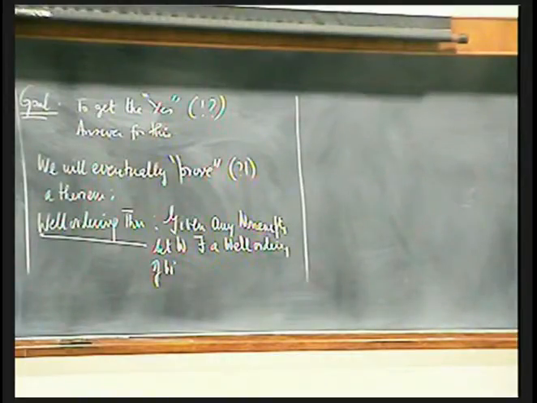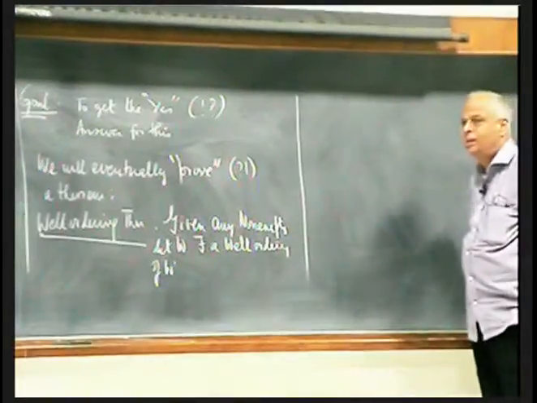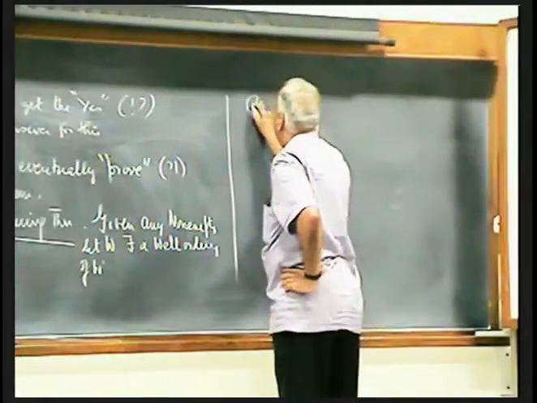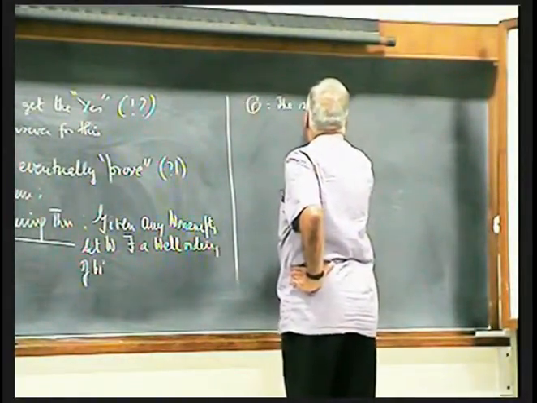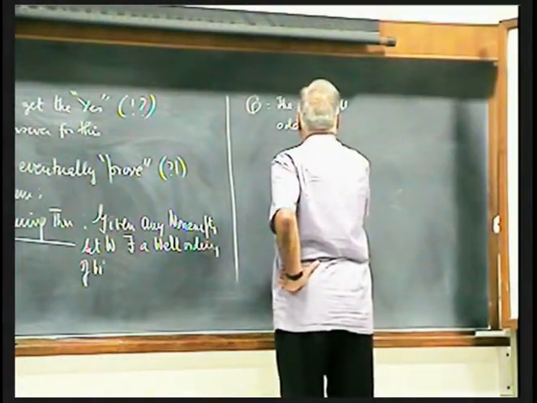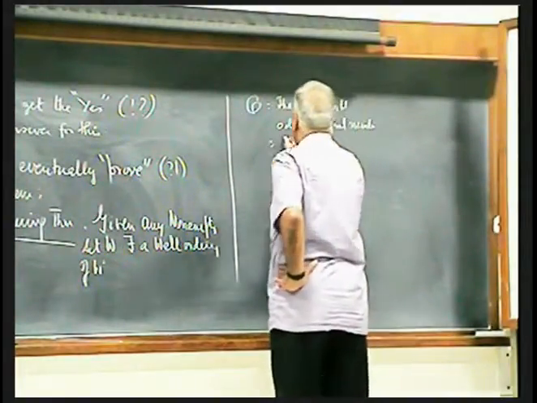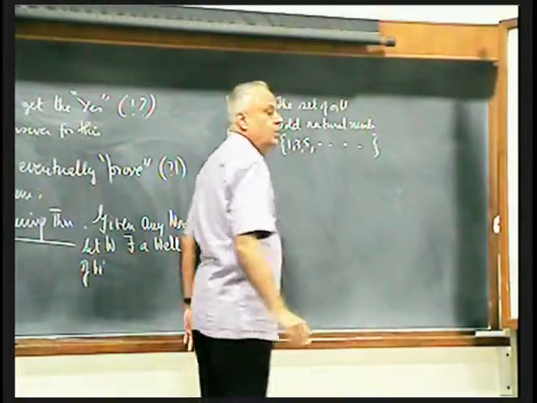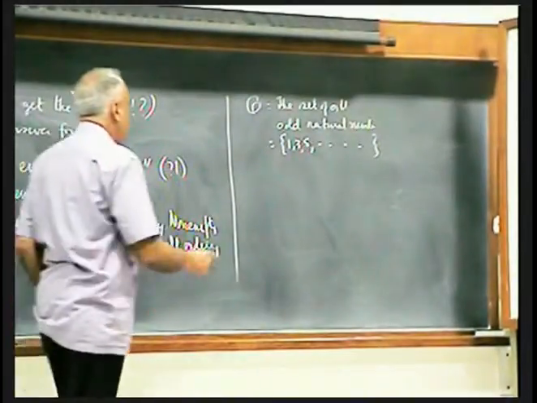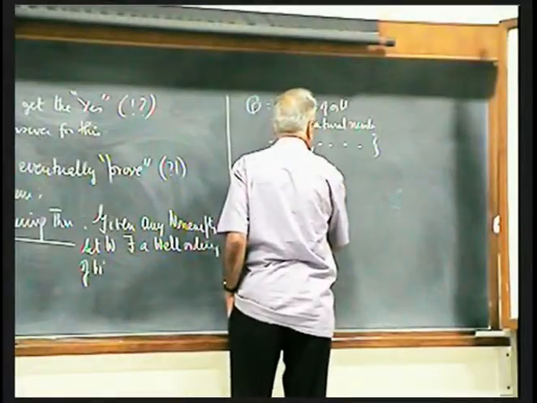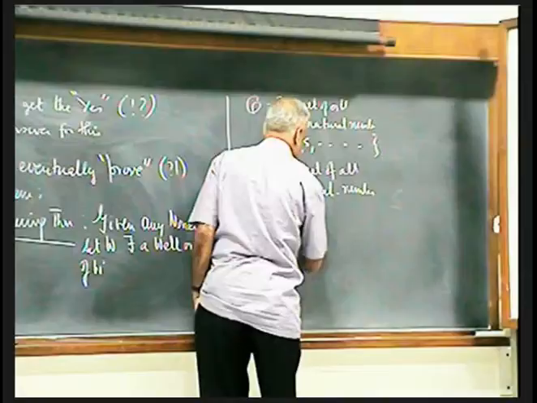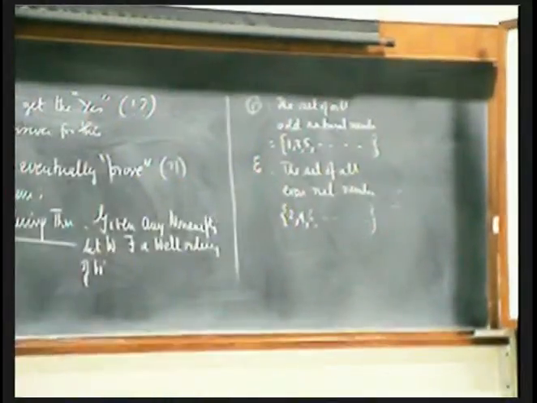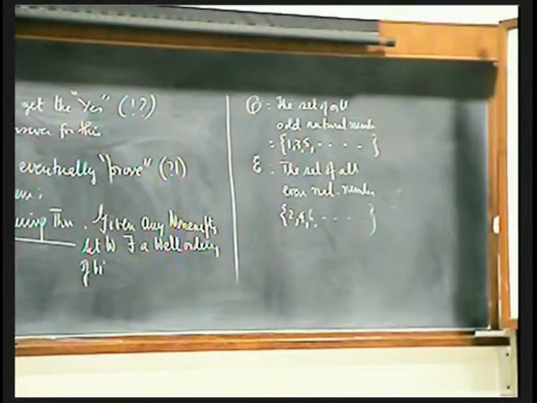So first of all, consider O, the set of all odd natural numbers, that is 1, 3, 5, etc. I will use this notation I have probably introduced before: E, the set of all even natural numbers, 2, 4, 6, etc. And of course, N is the set of all natural numbers.